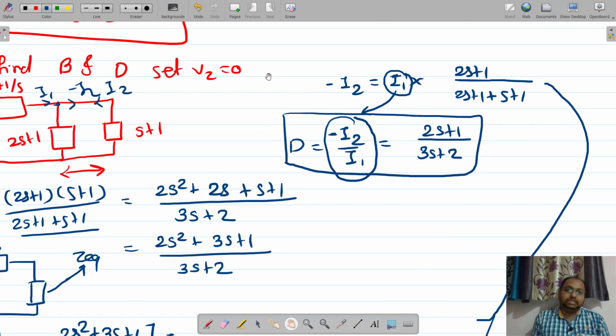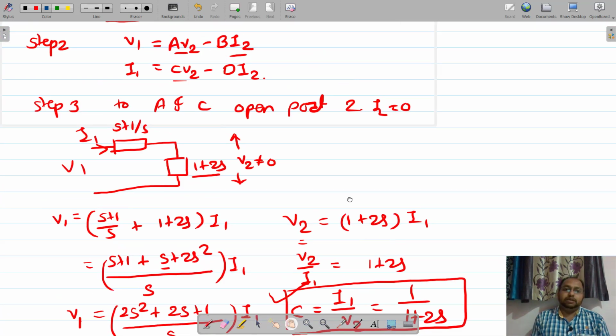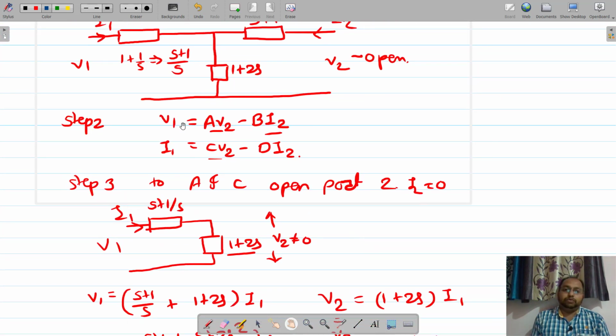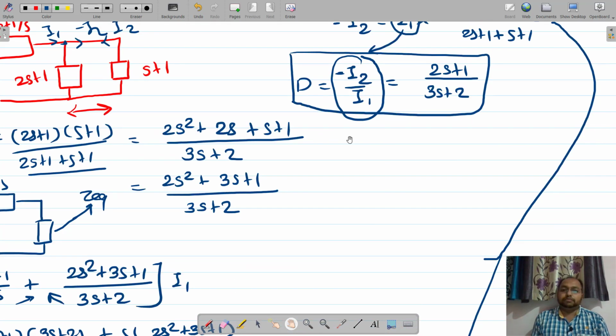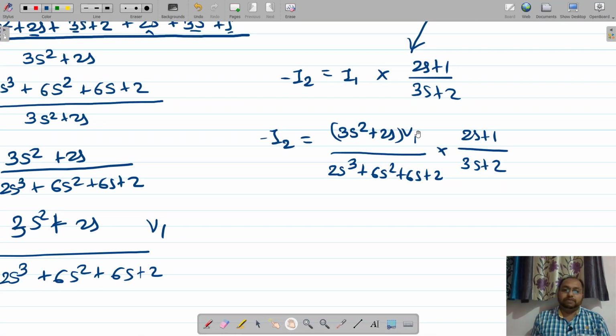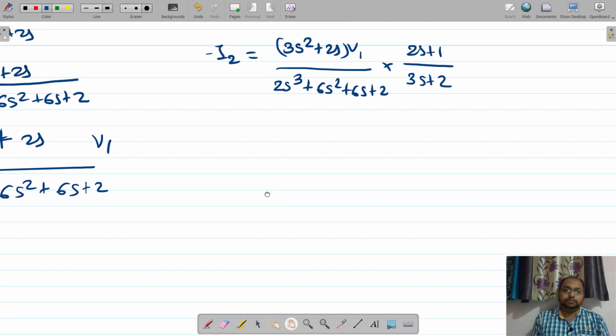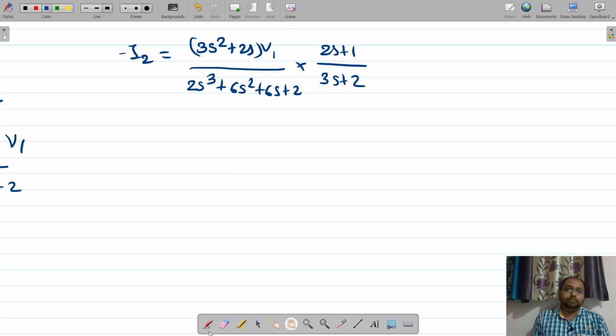Now let us find out what B is. B is nothing but V1 by I2. So let us first find I2 by V1 and then make a reciprocal of this. Let us transfer this V1 to the left hand side: minus I2 divided by V1 is equal to, let us take s common from this so that I can cancel out this with this.